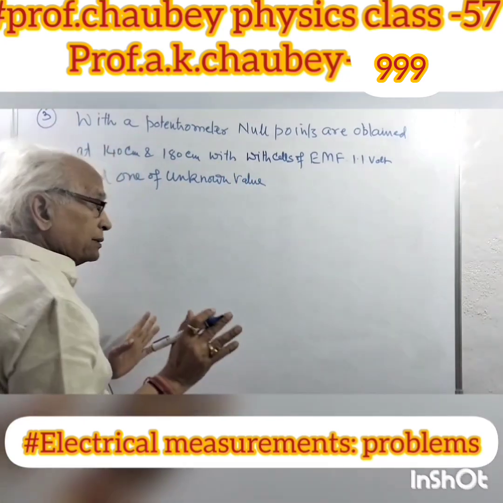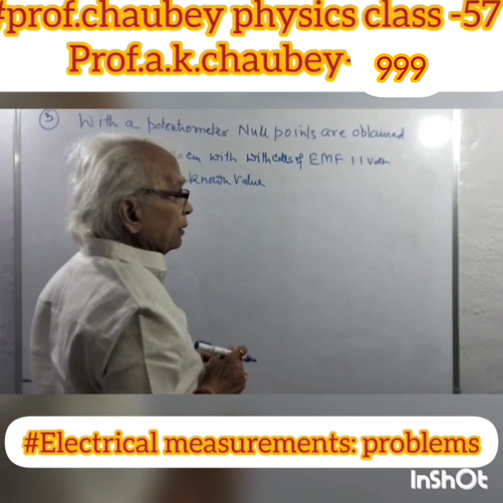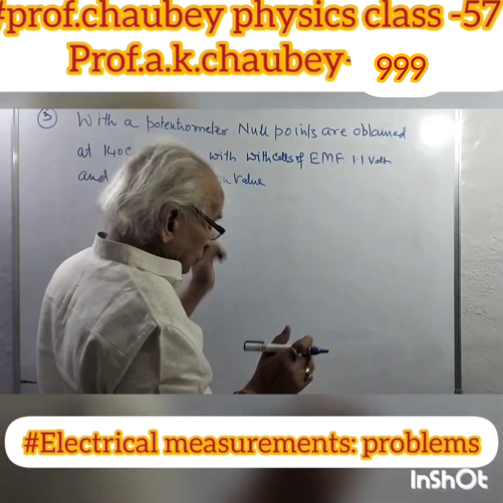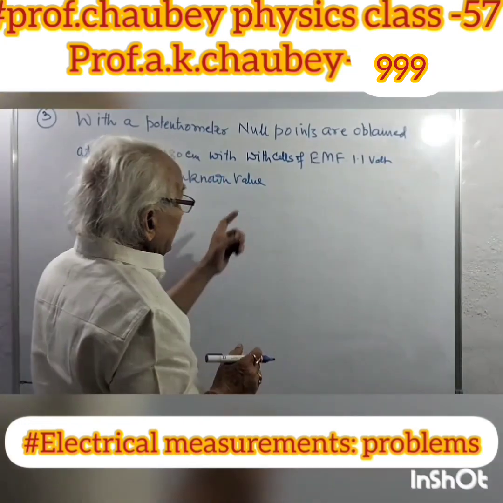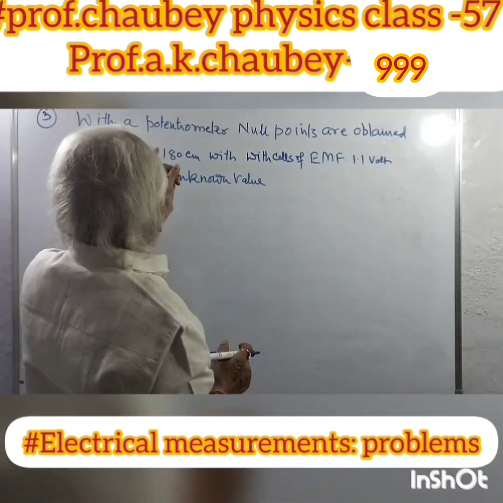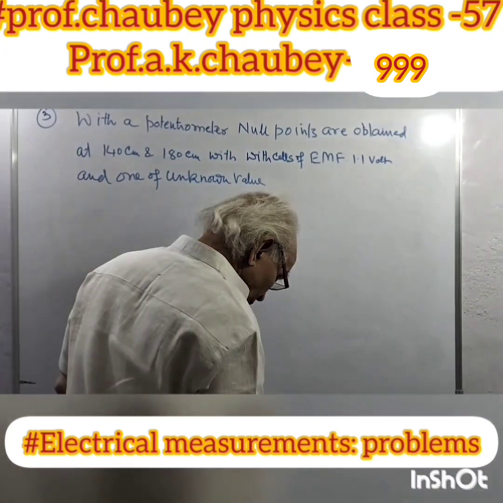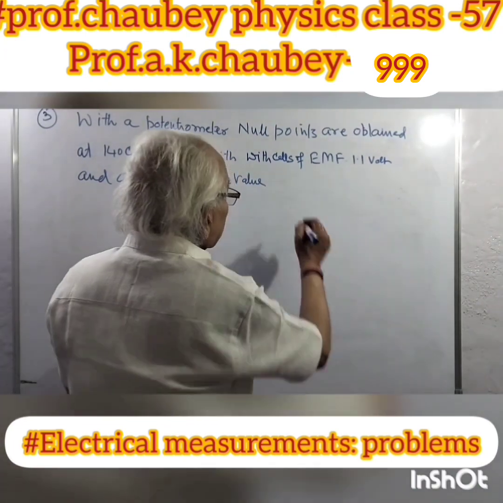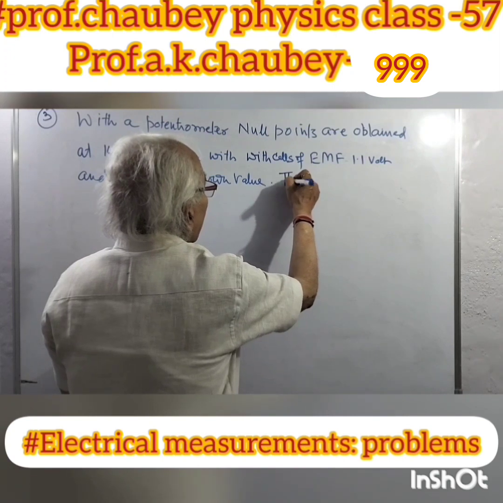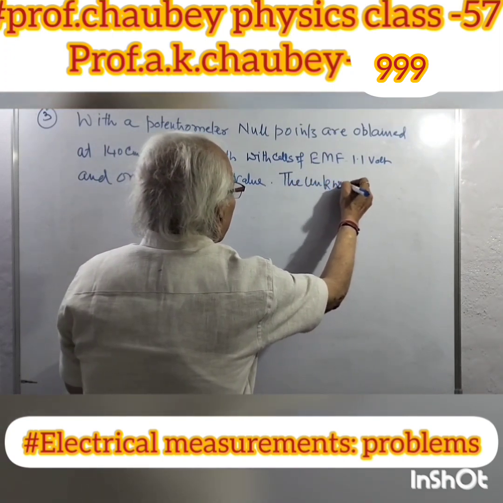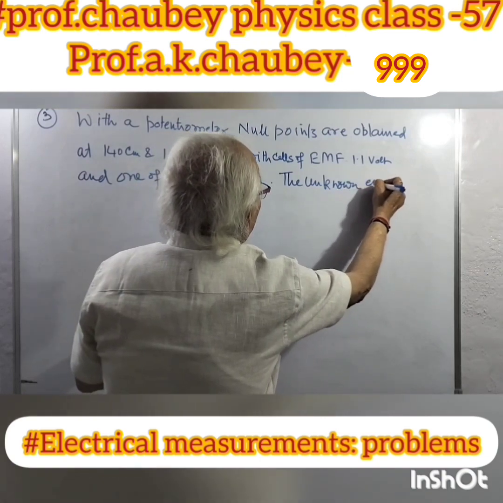So there are two cells, one is of 1.1 volt EMF, the other is unknown, and we compare the potential on the potentiometer wire and we get the null point at the lengths 140 and 180 centimeter. Find out the unknown EMF.